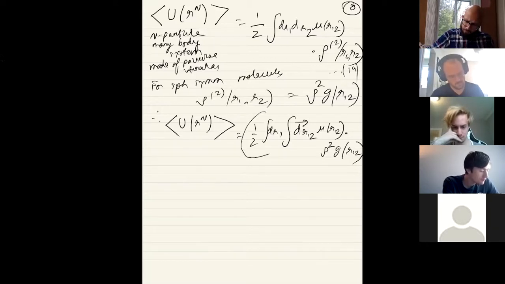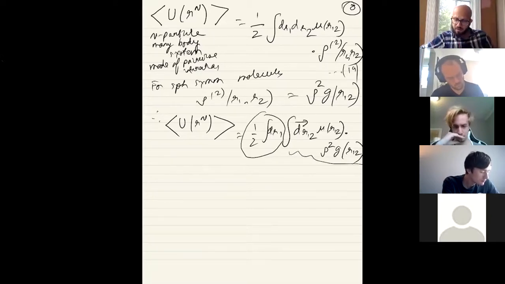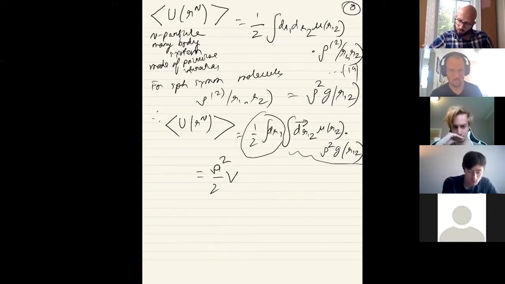What have we done over here? This thing is completely independent of the first part. The first part is simply half over the volume of the system. The rho square can be brought out, so it becomes rho square by 2 multiplied by volume. So we have taken care of this into this as well.